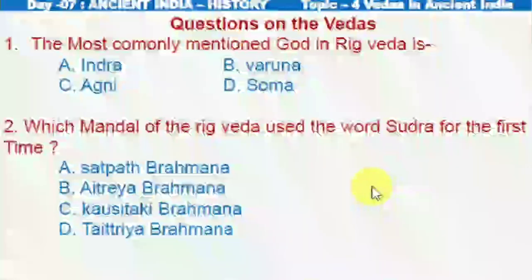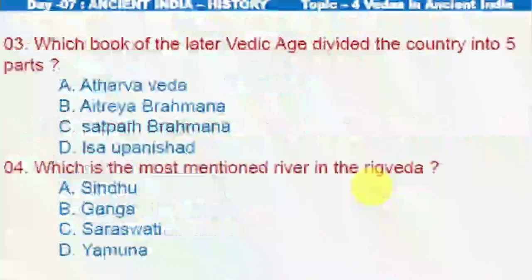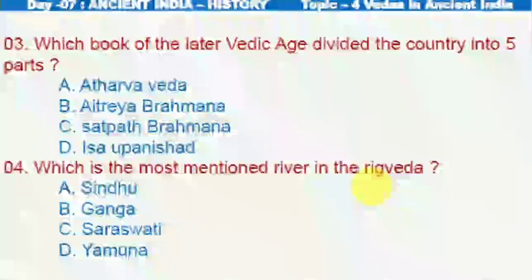Next, which book of the later Vedic age divided the country into five parts? And the fourth one is, which is the most mentioned river in the Rig Veda? These are some questions that may be asked in the exam, and I want you to answer these four questions in the comment box below.